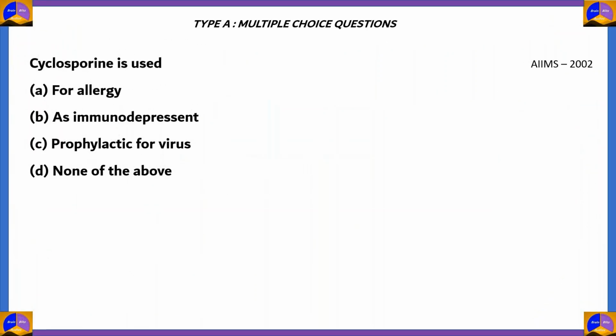Next question. Cyclosporin is used for A, allergies, B, as immunodepressants, C, prophylactic for viruses, or D, none of the above. In this problem, we need to find out what the action of cyclosporin is. The action of cyclosporin is suppressing. And what does it suppress? It suppresses the activity of T lymphocytes.